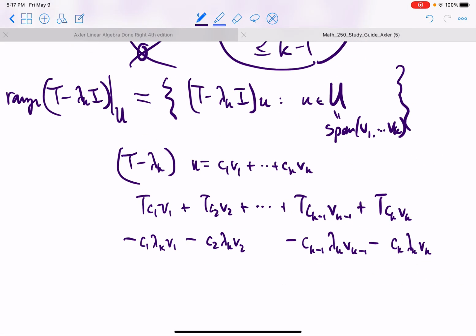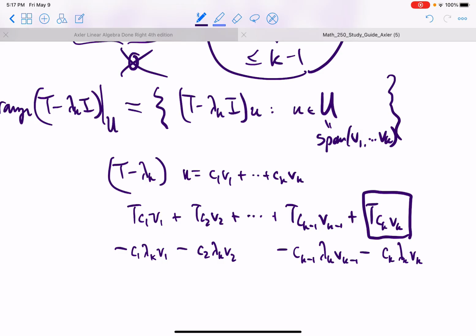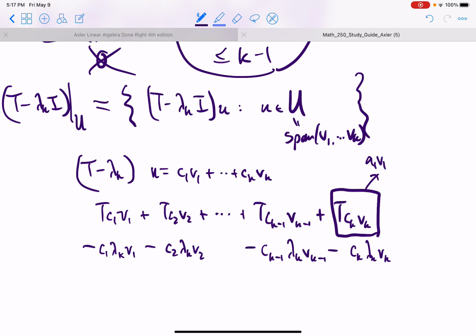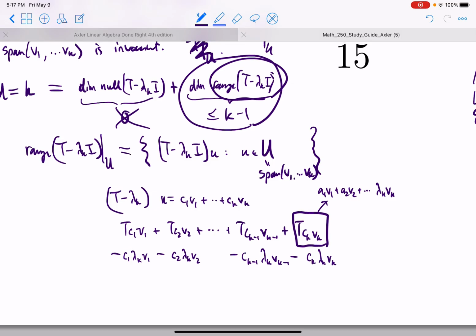Now, remember the matrix is upper triangular with diagonal entries lambda k. So the ck pulls out, and T hits vk and gives you some number times v1 plus some number times v2 all the way up to lambda k times vk, and everything else after that is 0.